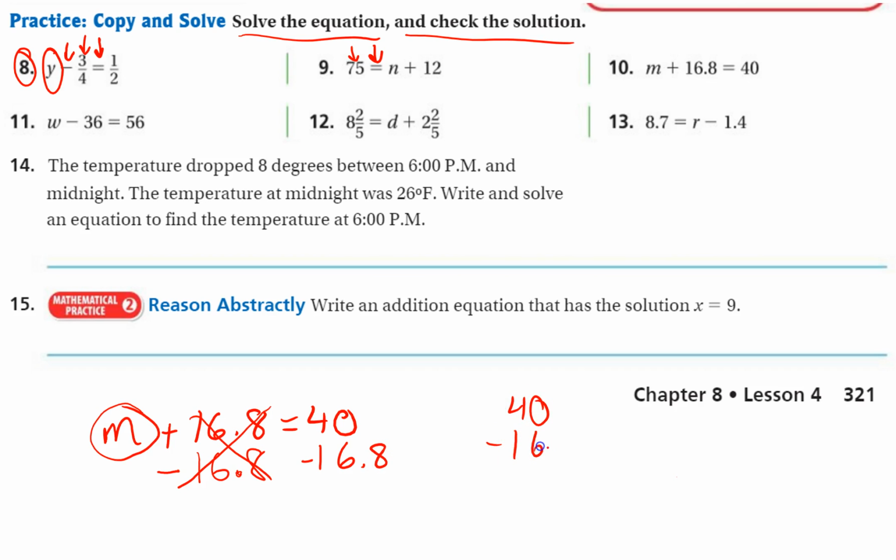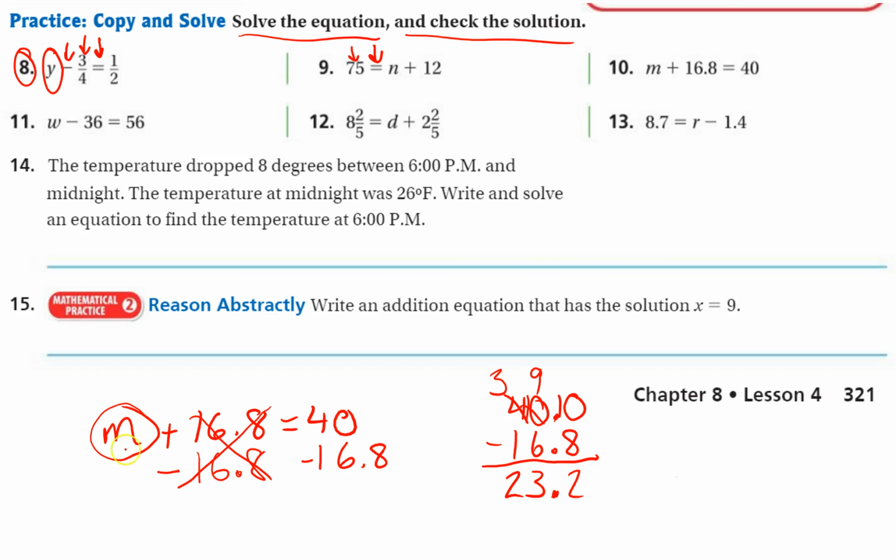40 minus 16.8. I can add my decimal here to line up my decimals. 40 is the same thing as 40.0, so I haven't changed the value. And then I can subtract. Decimal comes straight down.